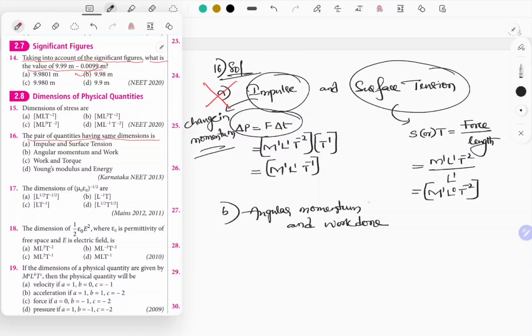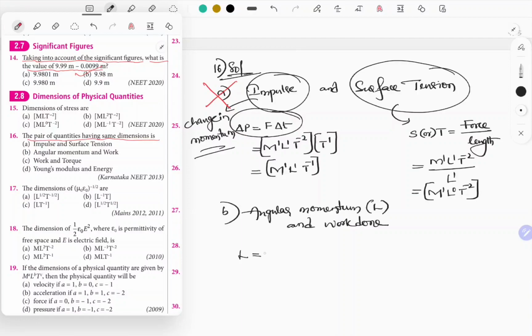Angular momentum is represented with L. Angular momentum is an axial vector. Whenever any particle is moving in a circular motion, we represent angular momentum. Not only in circular motion, when it is moving in a curved path also we can represent angular momentum. But it is not in the form of a cross product when it is in a curved path. If it is perfect circular motion, then you can represent it in the form of a cross product.